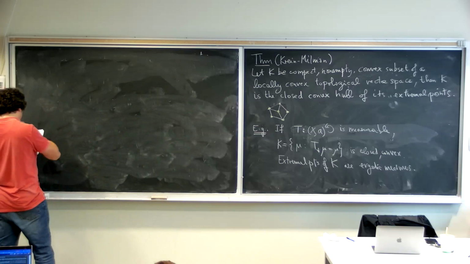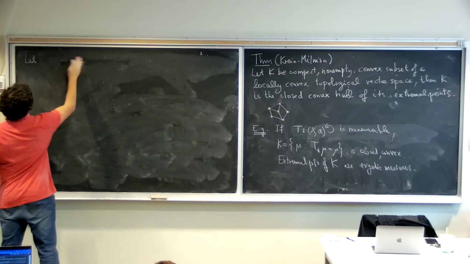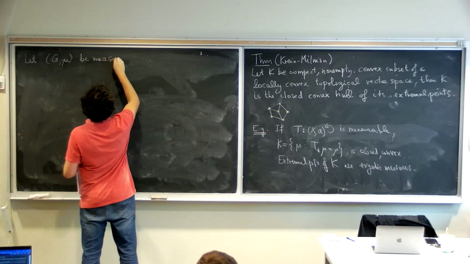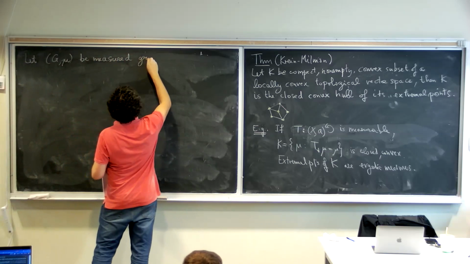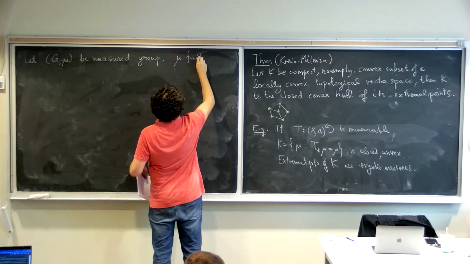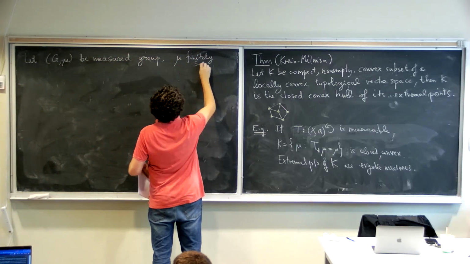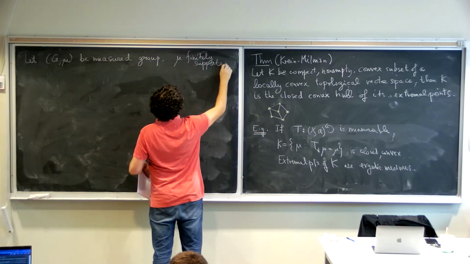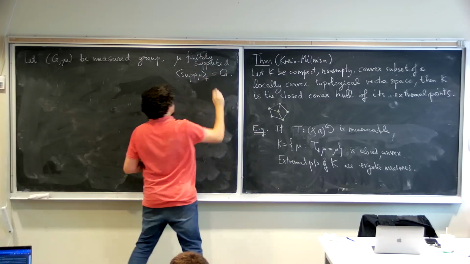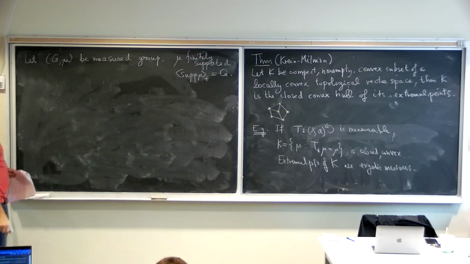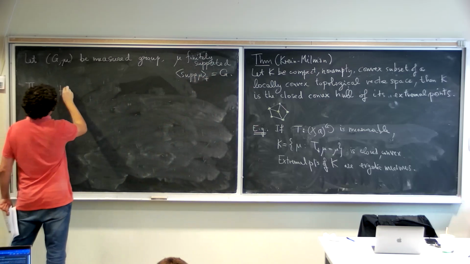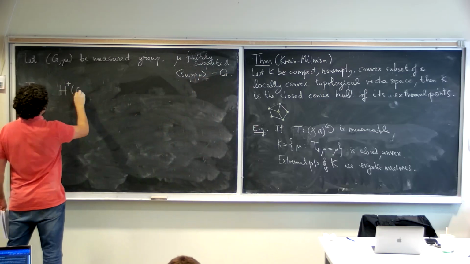Okay, so in general, here what we do is, again, we start with G, mu, a measure on a group, and let's take mu finitely supported, and the subgroup generated by the support of mu is G. Then we can look at the positive harmonic functions, H plus of G, mu.